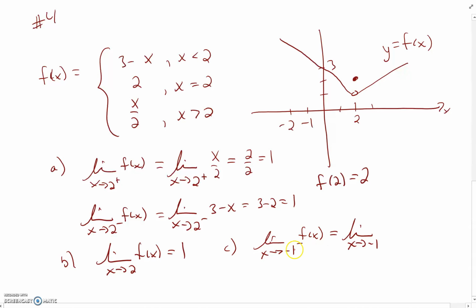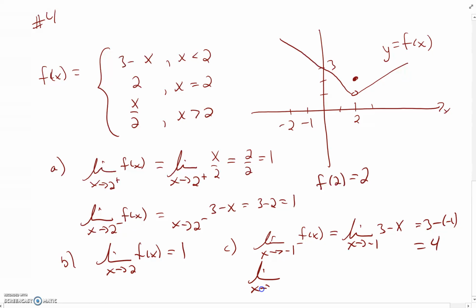And where does minus 1 fall on the list? Up here. It's less than 2. So you get to use 3 minus x. Right around minus 1, we want to go just a little bit smaller. Well, that's still way less than 2. So you plug it in, you get 3 minus a minus 1, and you get 4.